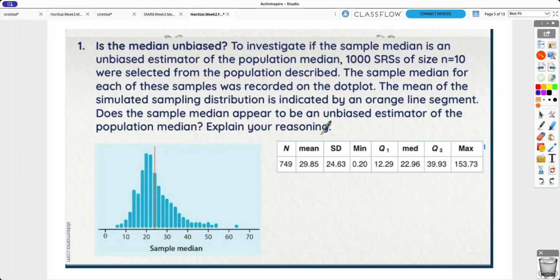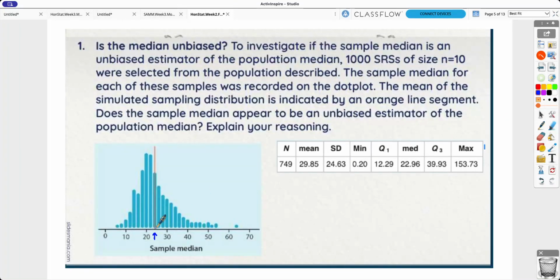The mean of the simulated sampling distribution is indicated by an orange line segment. So you see, here is the mean of the median for our sampling distribution. Now, does the sample median appear to be an unbiased estimator of the population median?